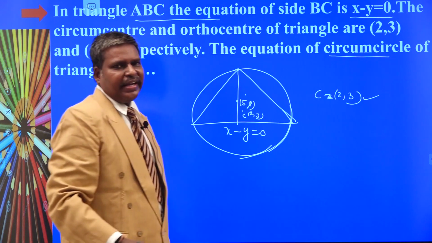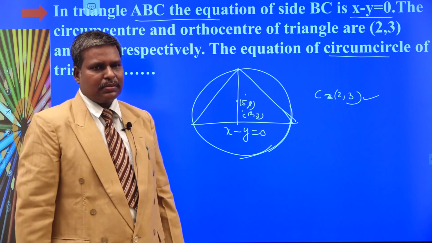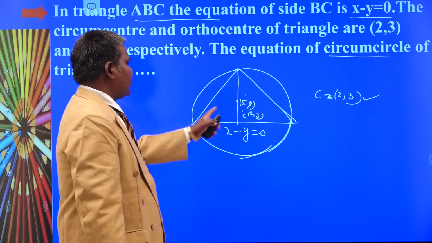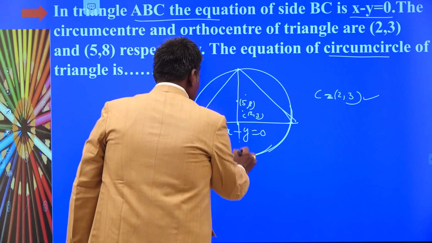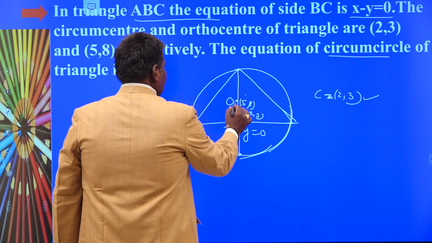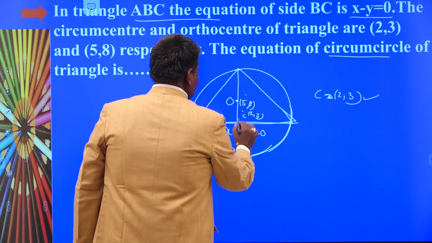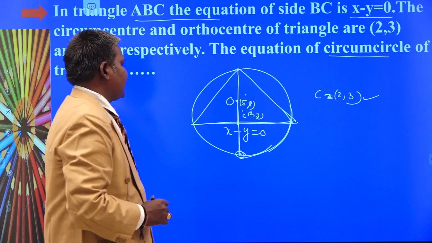Once you get the radius of the circle, your job is over. How to get the radius? Can I get any point on the circumference of the circle or not? Yes, immediately we obtain a point on the circle, because the image of the orthocenter with respect to the side must lie on the circumcircle of the triangle.